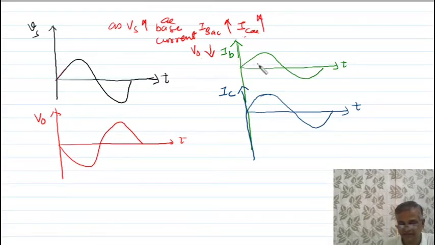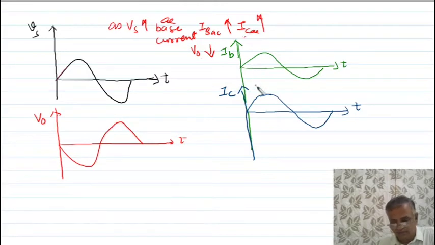It means as base current decreases, collector current decreases. This discussion shows you can plot the graph of base current versus time and collector current versus time as shown in the figure.